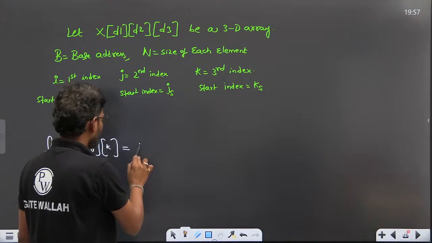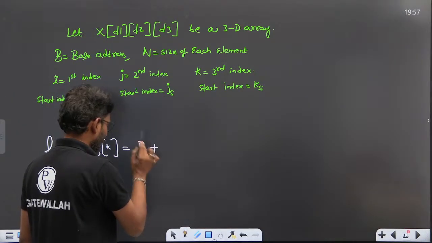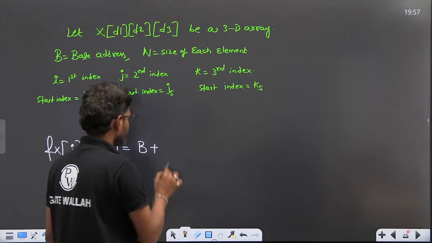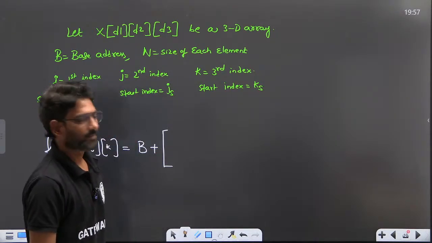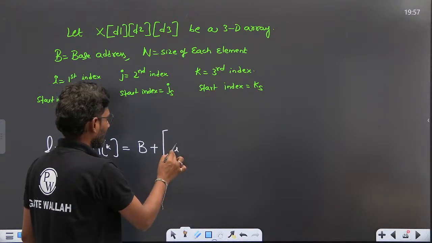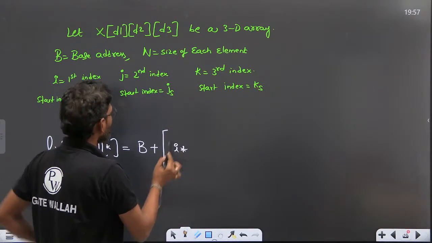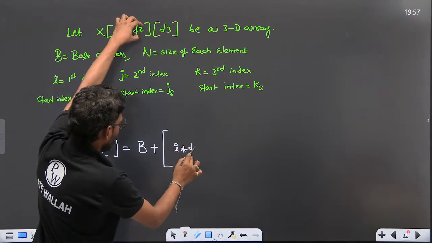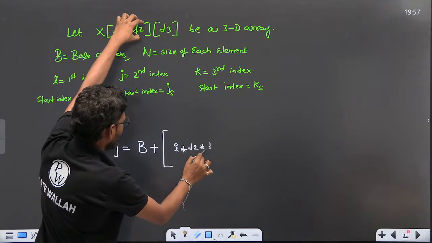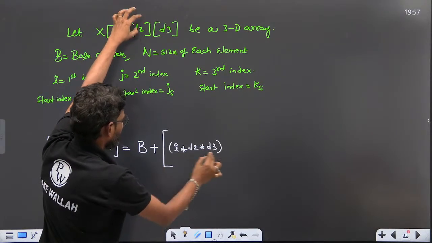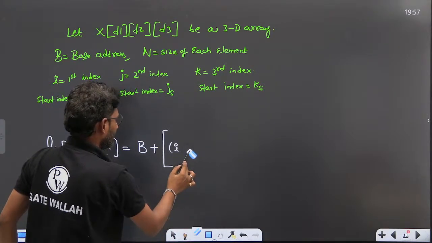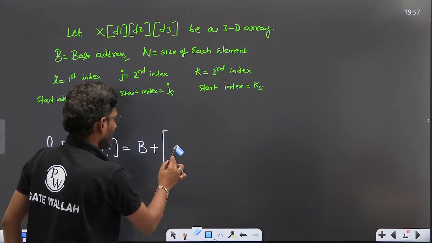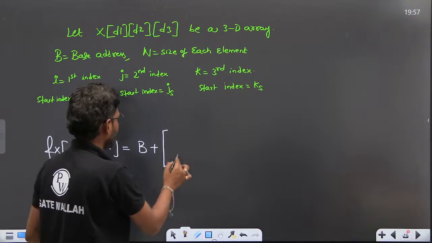That is base address plus first index i into second dimension multiplied by third dimension. Wait a minute, when I say i, it is not just i. The i index starts from is.